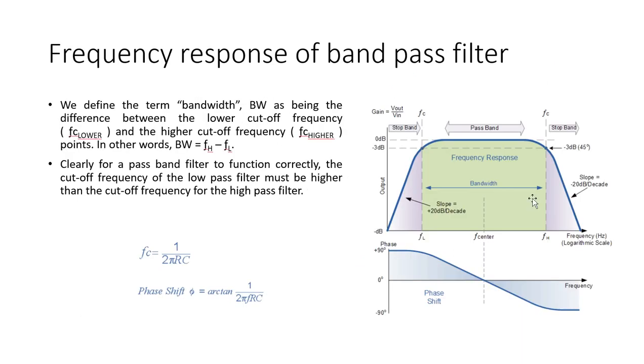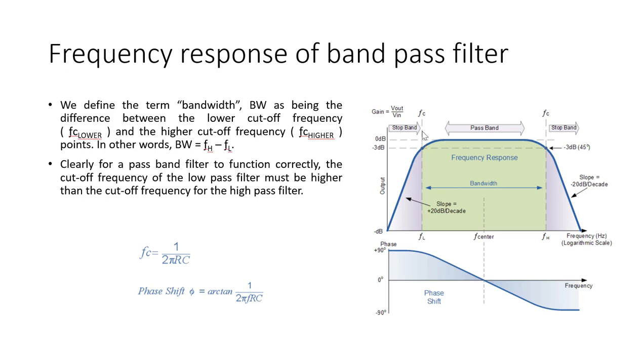Frequency response of band pass filter is discussed earlier, that it allows certain frequencies starting from lower frequency and ranging from a higher frequency in a pass band. So we are using two circuits, the high pass filter and low pass filter.